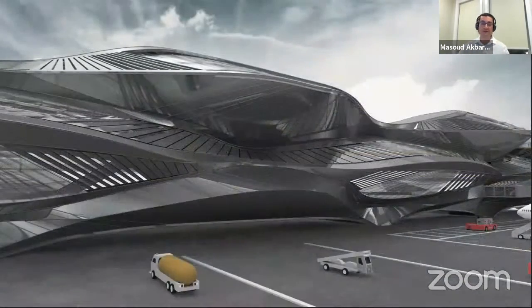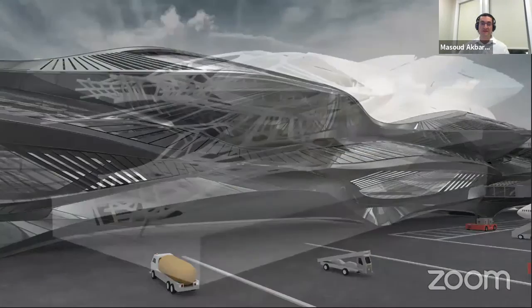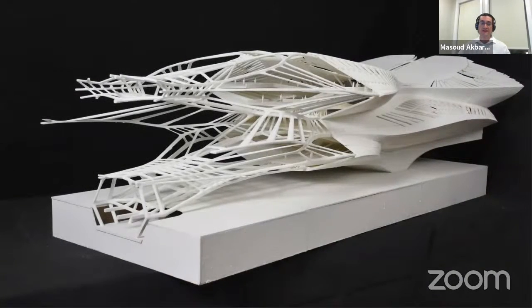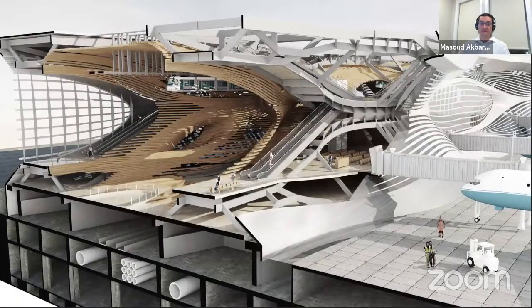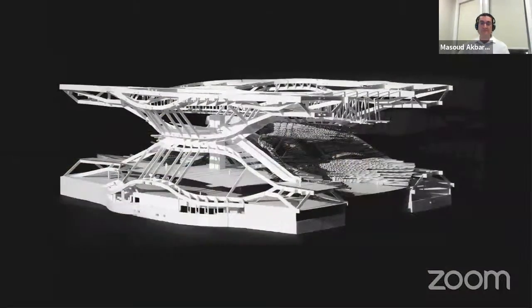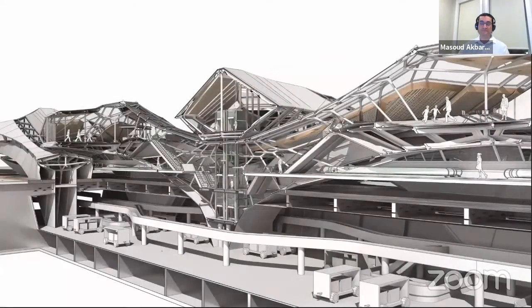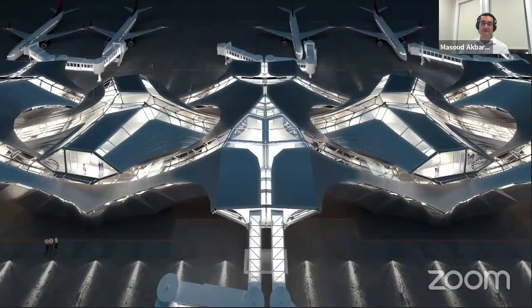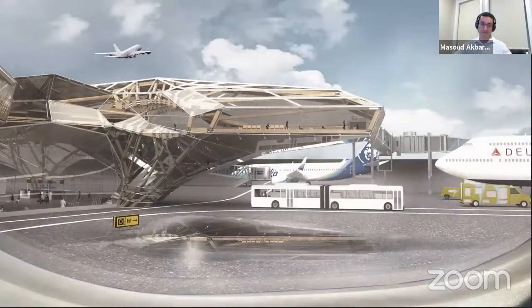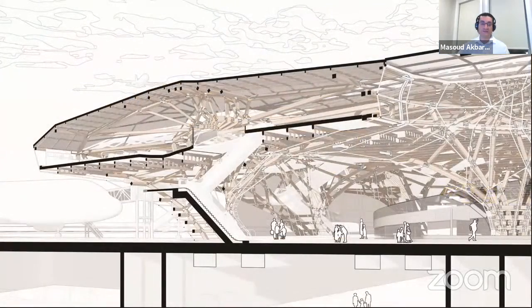So I'm going to go through some of these examples, and they had to make really larger scale structural models, obviously. So this was also a very good exercise for us, because now we could clearly see that you can create a lot of really complex systems that are efficient in terms of the force flow.